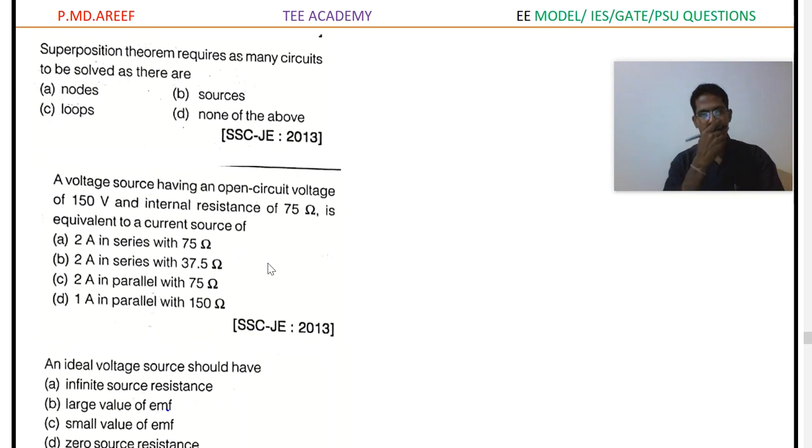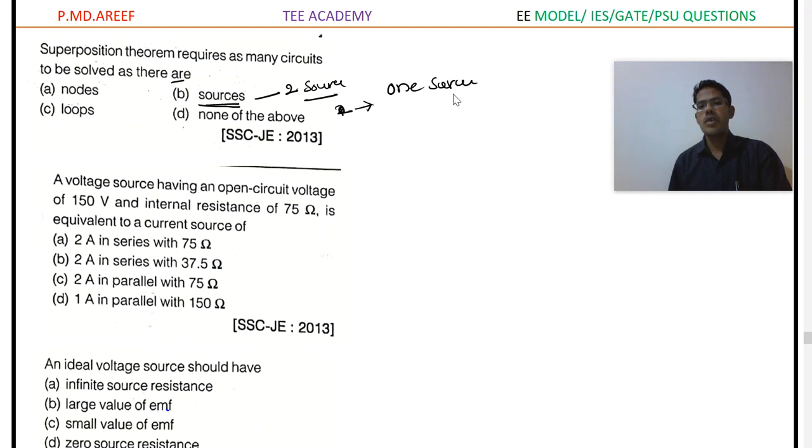Okay, next question. Superposition theorem requires as many circuits to be solved as there are sources. Because in the superposition theorem, we have to do as many steps as the number of sources. Suppose we have 2 sources, then we need 2 steps. We take one source at a time for each step.